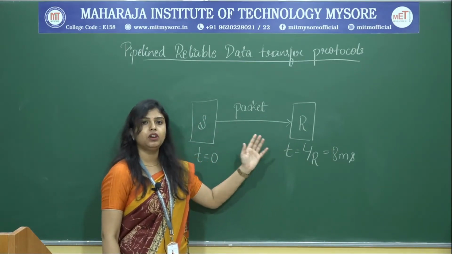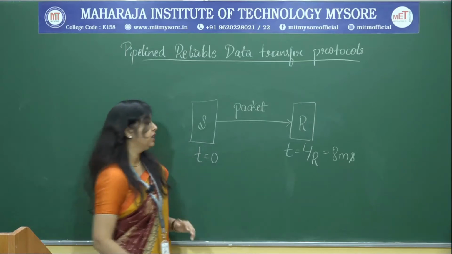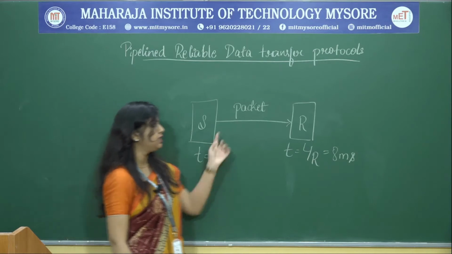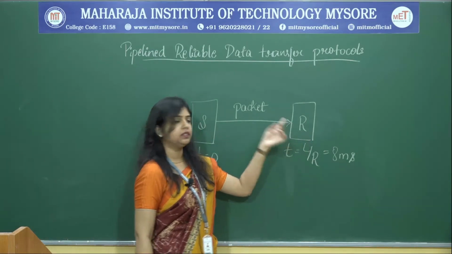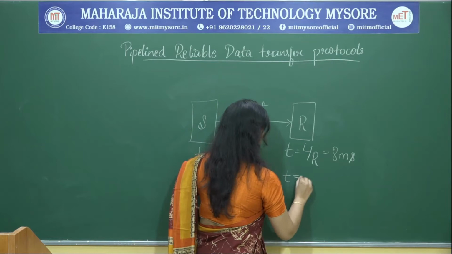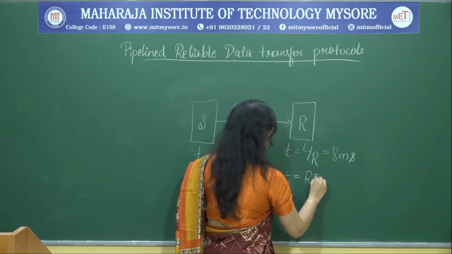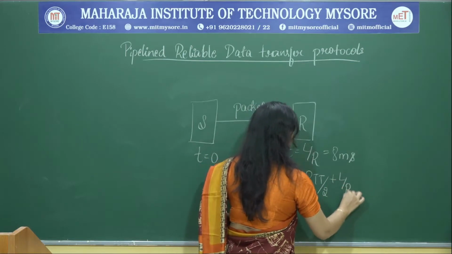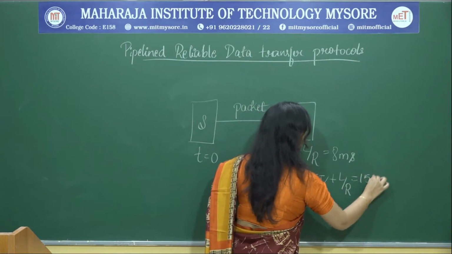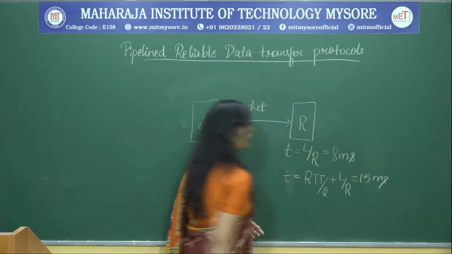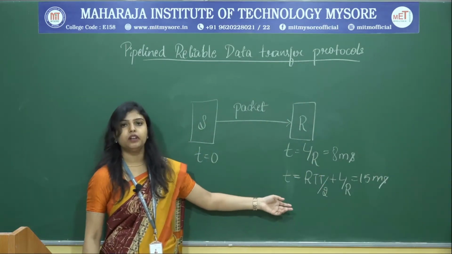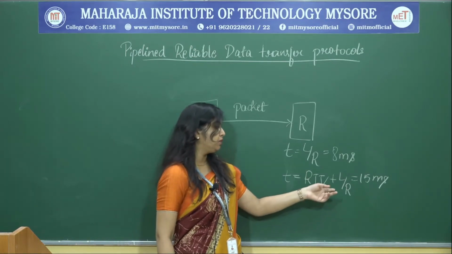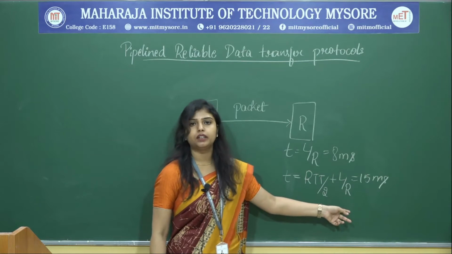If the sender has sent the packet at t equal to 0, the receiver will receive the last bit at t equal to RTT, the round trip time, by 2 plus L by R, which comes out to be 15 microseconds. So the last bit of the packet will arrive at the receiver at t equal to RTT by 2 plus L by R.